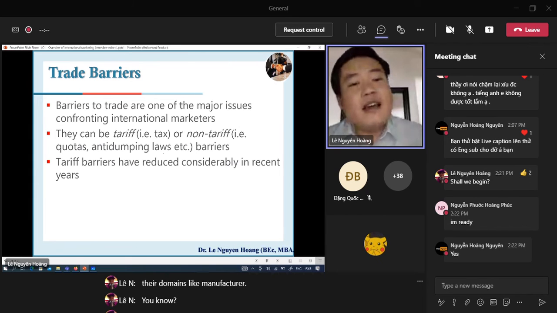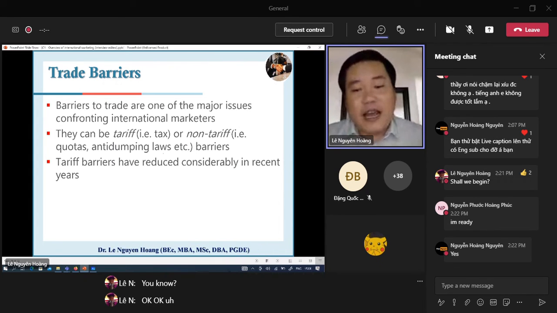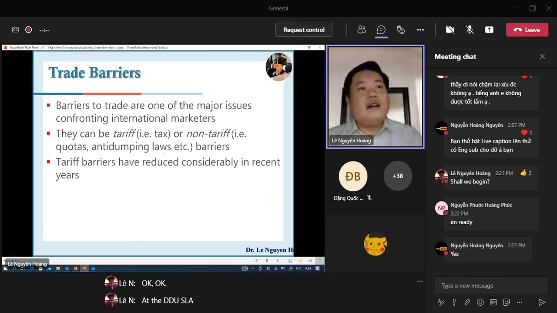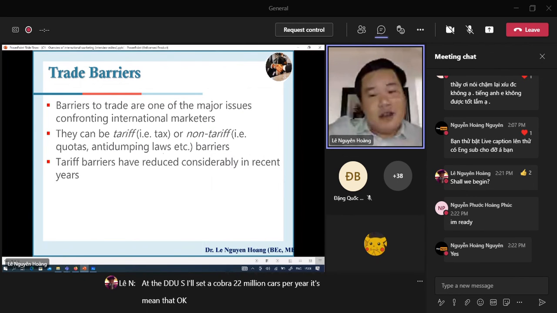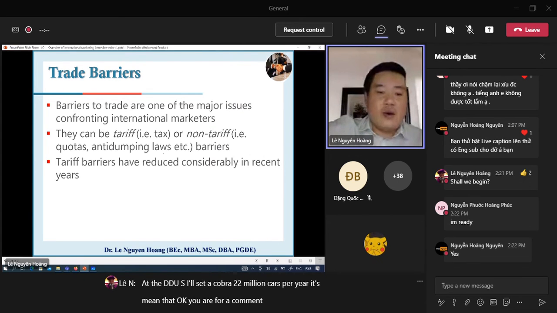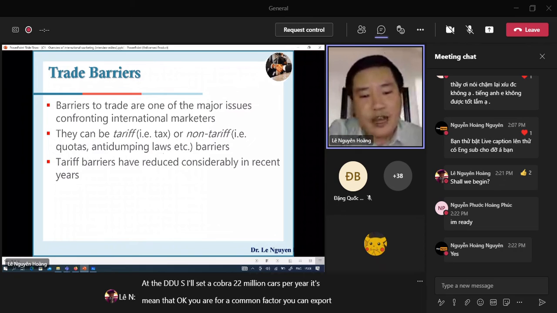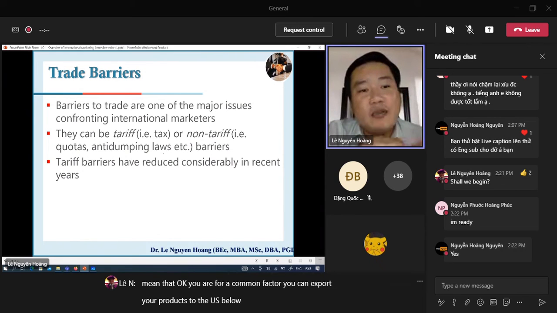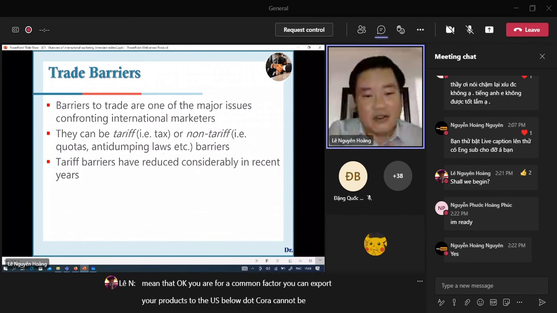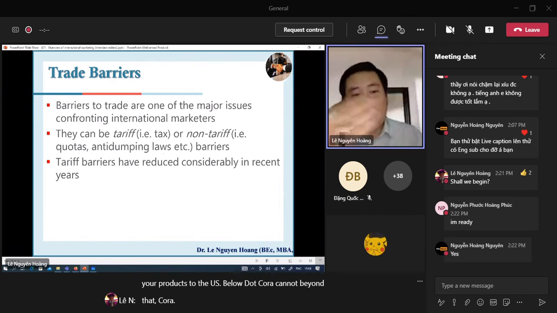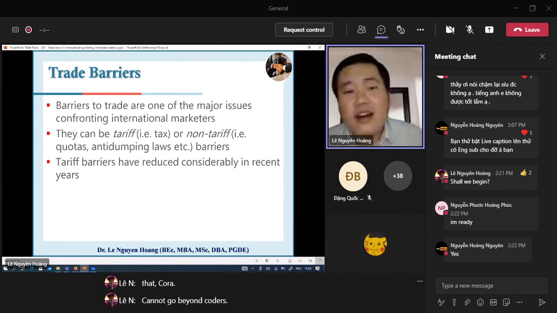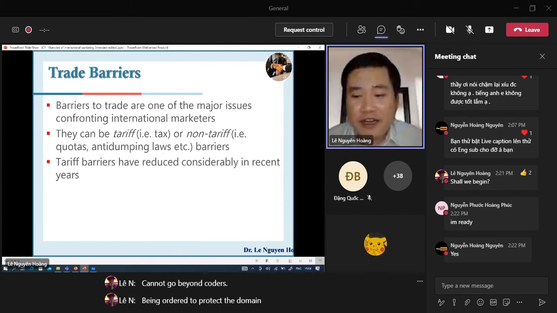The US sets a quota of 2 million cars per year. It means that if you are a foreign car manufacturer, you can export your products to the US below that quota, but you cannot go beyond that quota, in order to protect the domestic manufacturer.